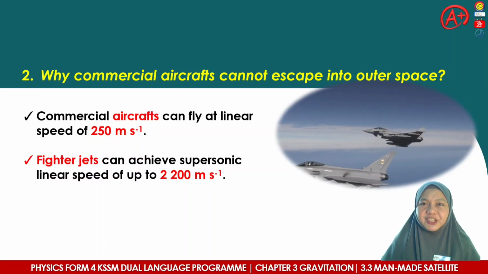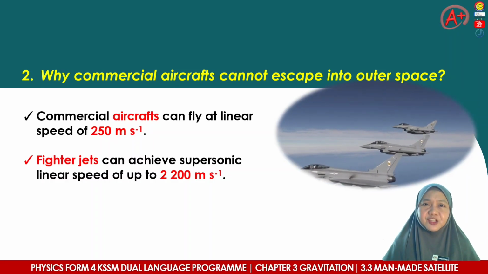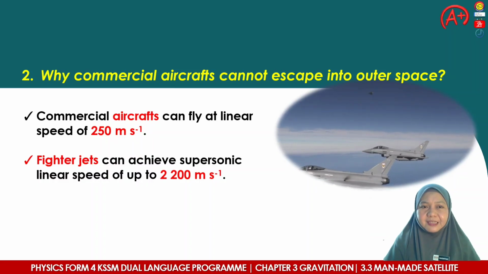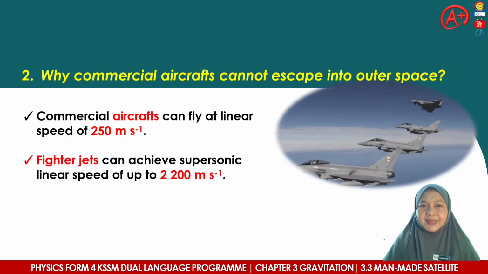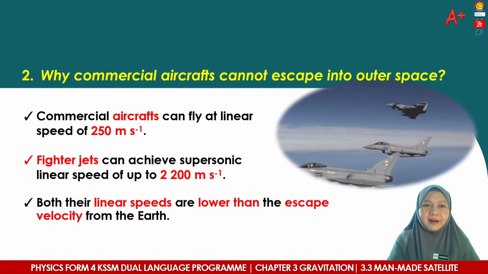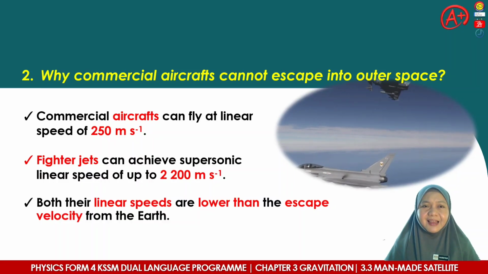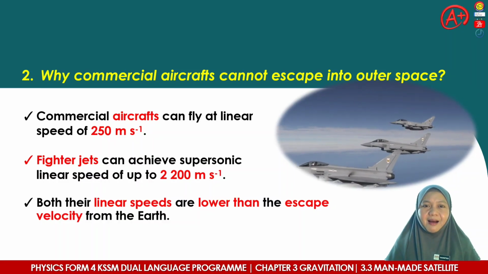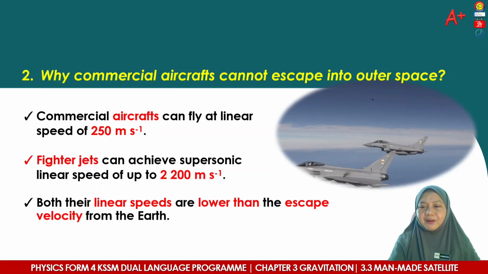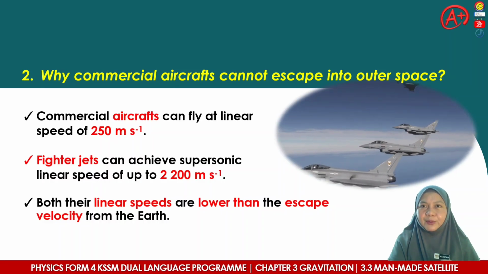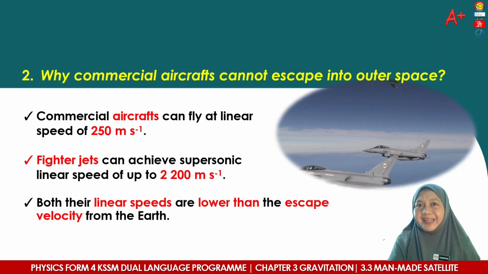The same goes for a jet fighter, students. It can achieve a supersonic linear speed of up to 2,200 meters per second. So both linear speeds are still lower than the escape velocity from the Earth, so they only operate within the Earth's atmosphere.